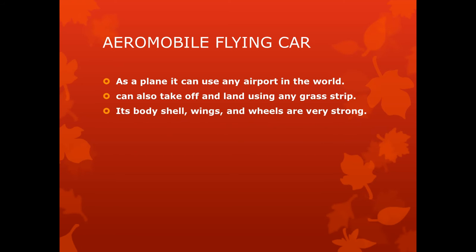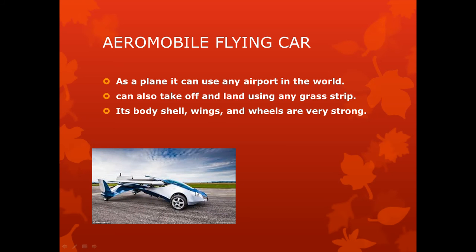And its body shell, wings and wheels are very strong. All components inside the Aeromobile Flying Car need to be really strong in order to withstand the pressure during flying. And this is how it looks.